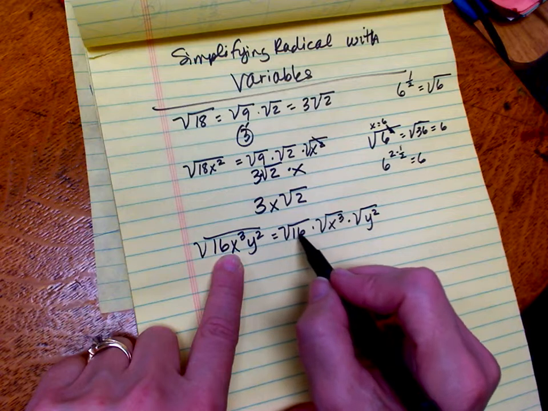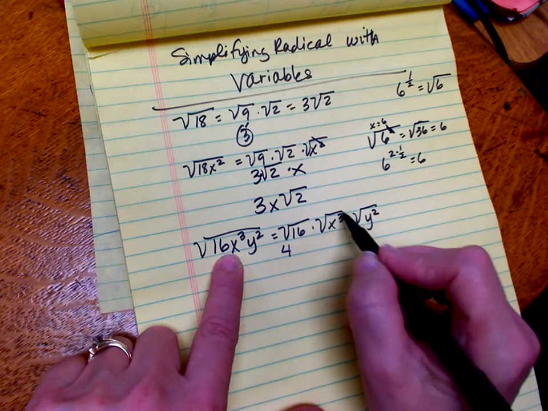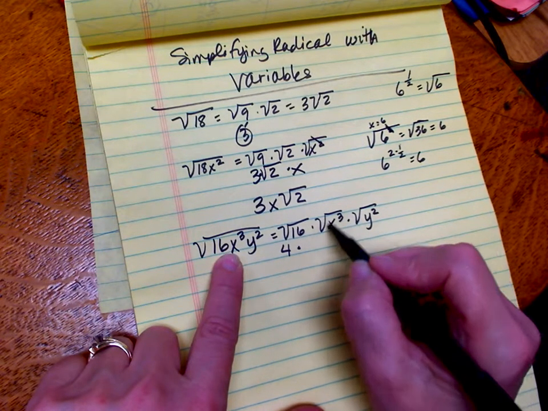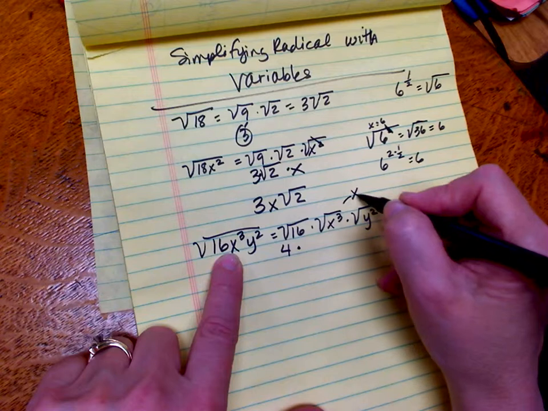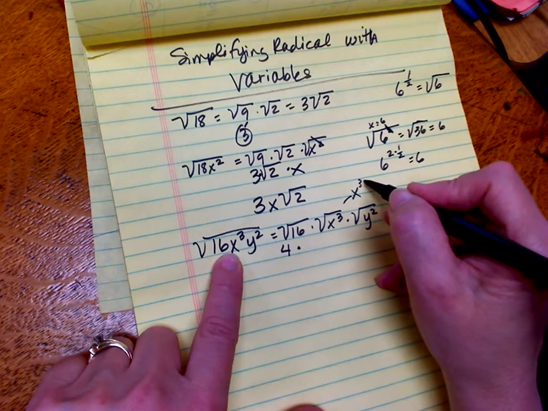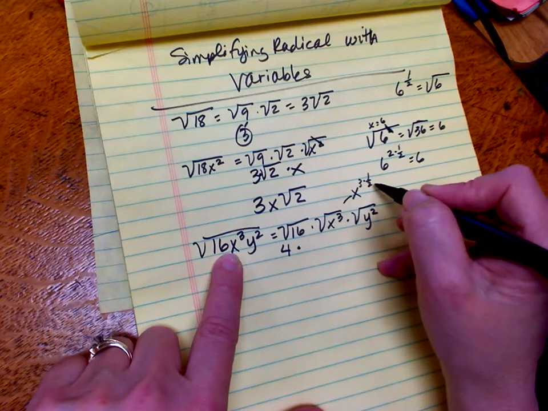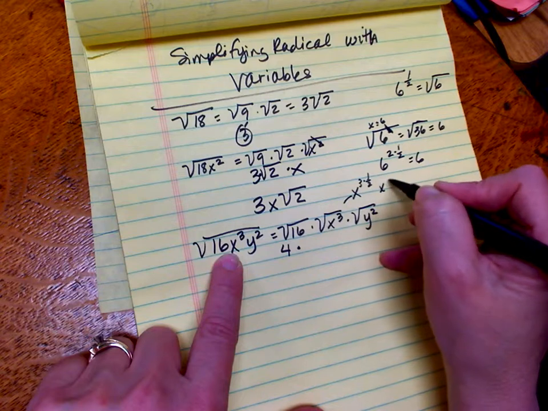The square root of 16 is 4, but right here, the square root of x cubed is really saying x cubed times 1/2, which is going to be 3/2.